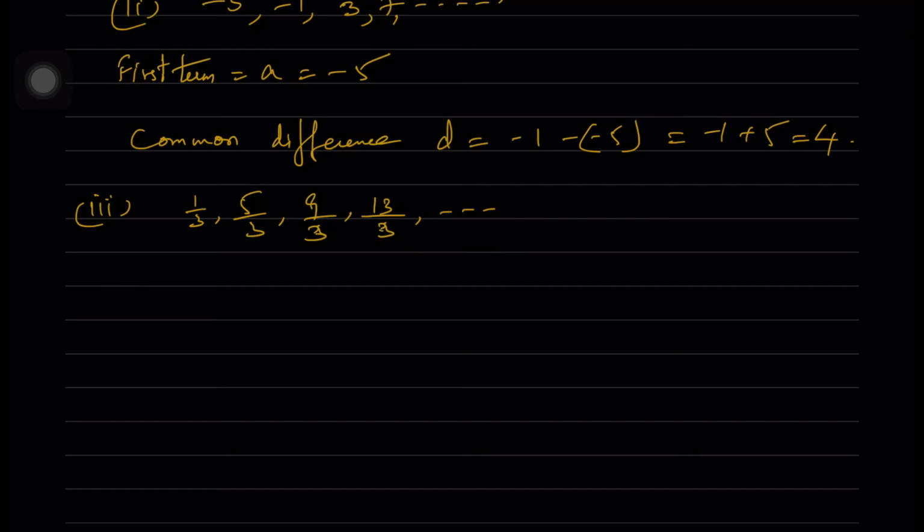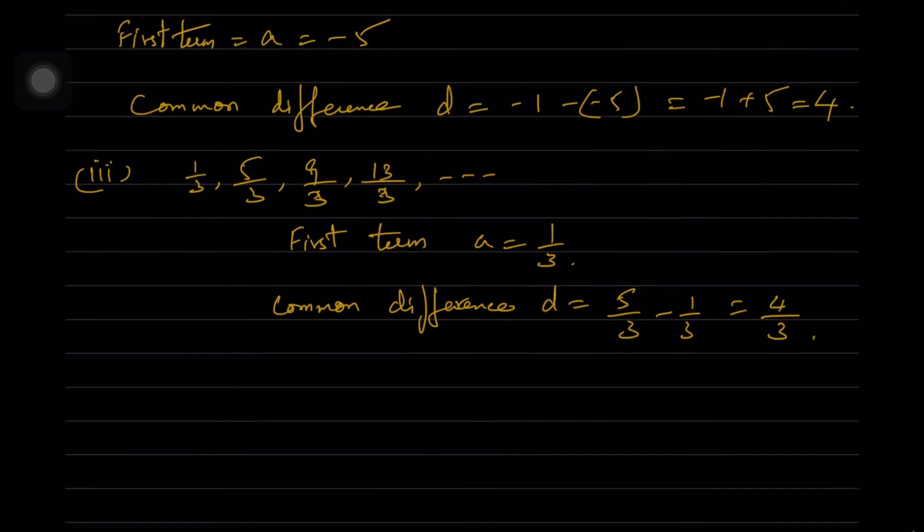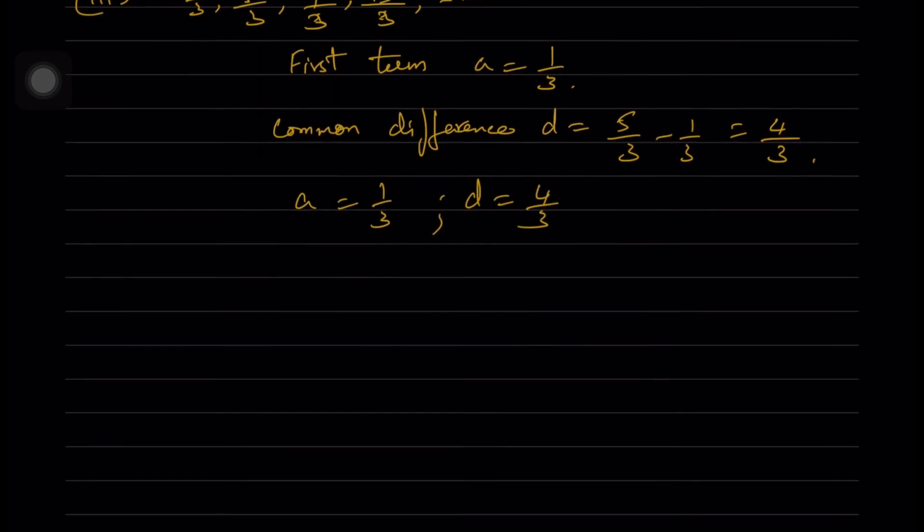So here the first term a is equal to 1 by 3. Common difference is equal to 5 by 3 minus 1 by 3, which is equal to 4 by 3. So a is equal to 1 by 3, d is equal to 4 by 3.